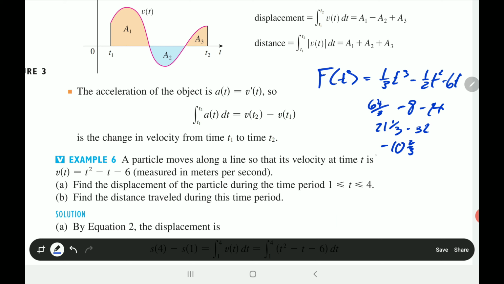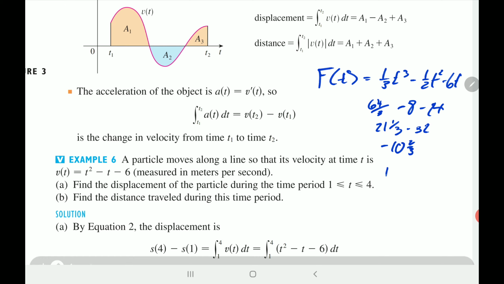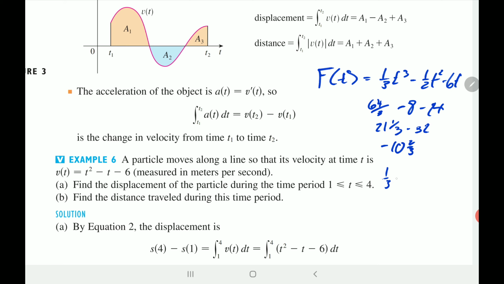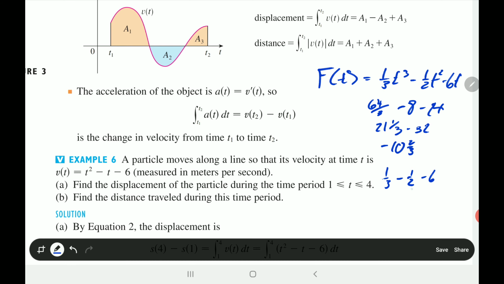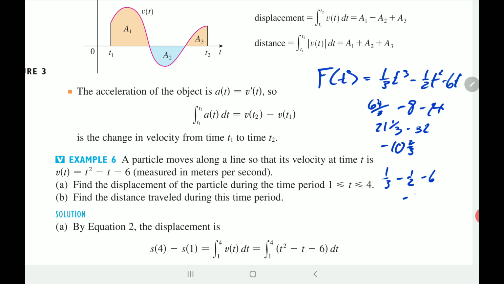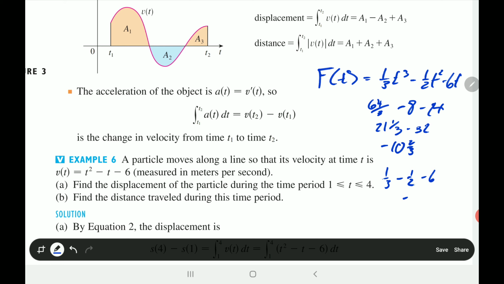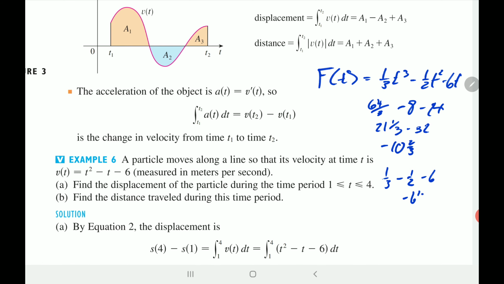Yep. And then I plug in 1. That's going to give me 1/3 minus 1/2 minus 6. So that becomes negative 6 1/6.